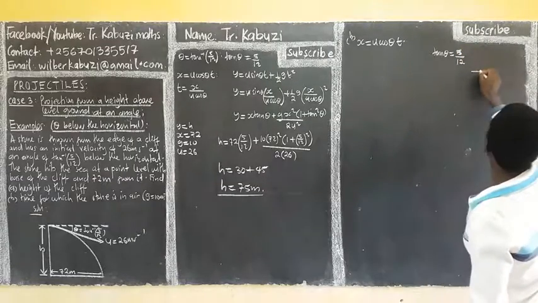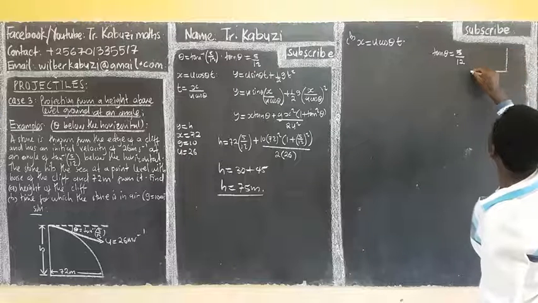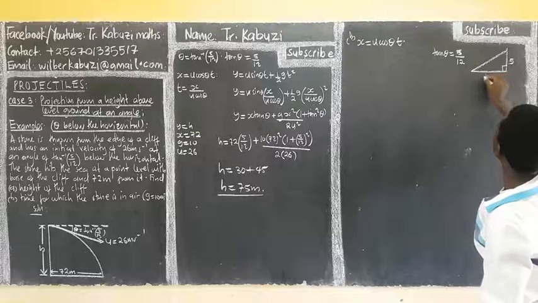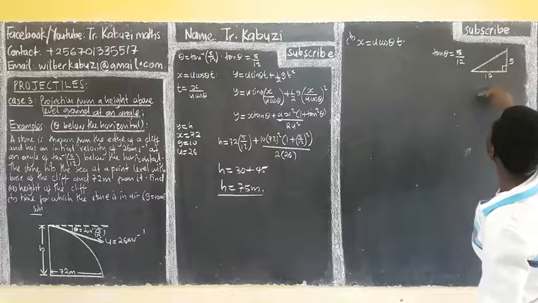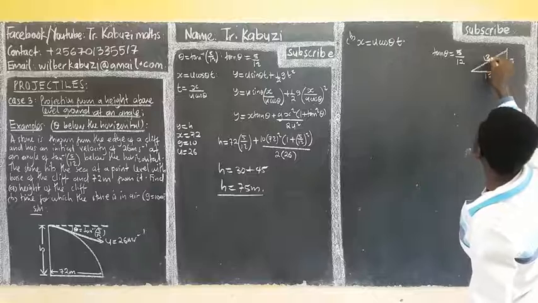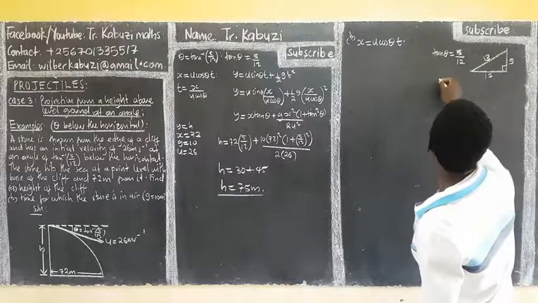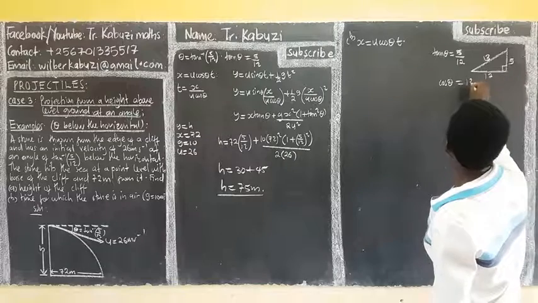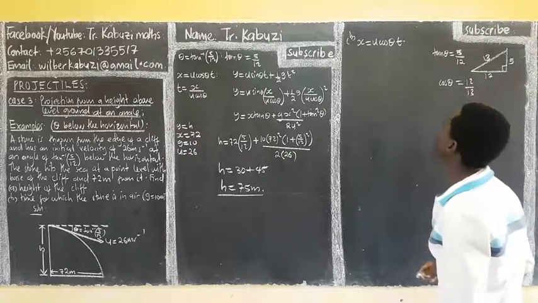So I can use my right angle triangle. This one is the opposite, this is the adjacent. When you square this plus square this, then the square root, you will get 13. So my cos theta is going to be adjacent over hypotenuse.